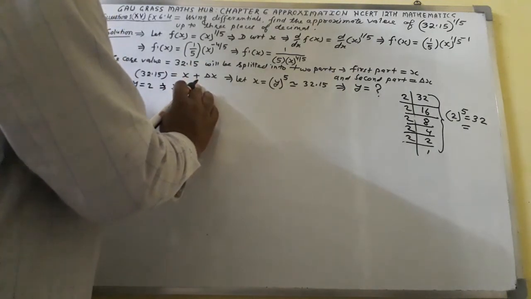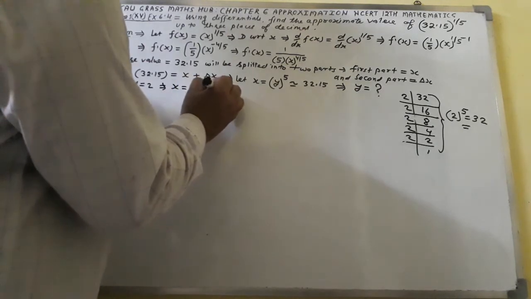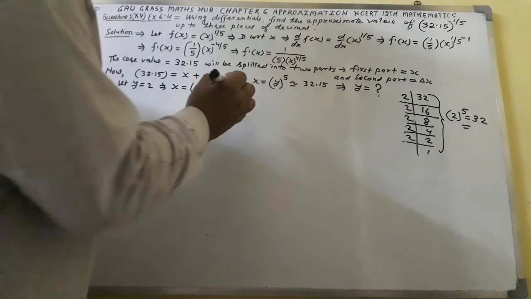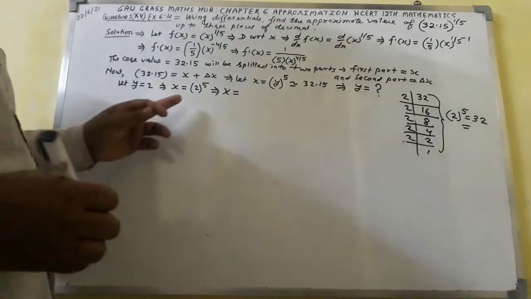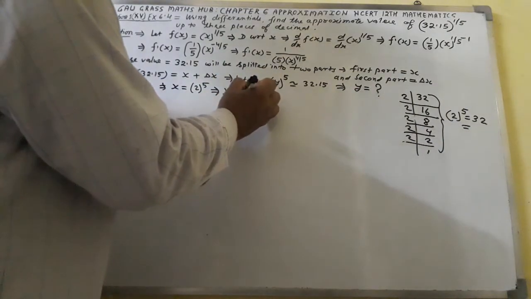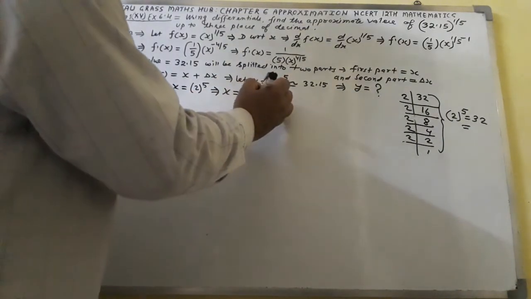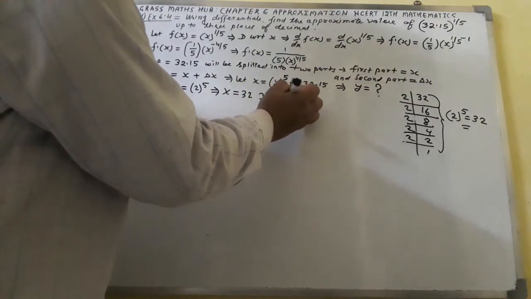In place of y I shall write 2. So 2 raised to power 5, implied that x equal to 2 raised to the power 5 comes out to be 32, approaching 32.15.